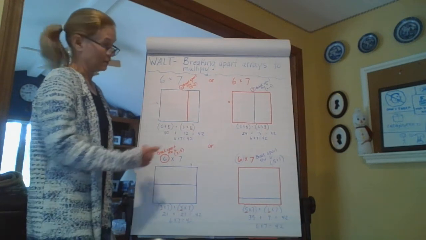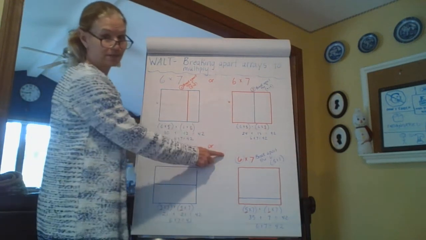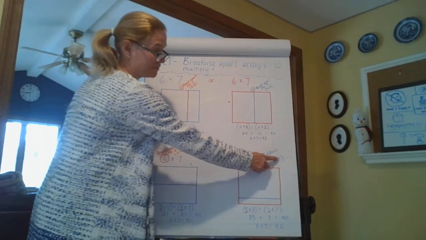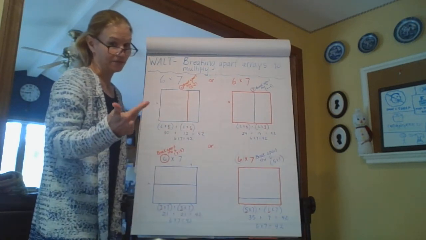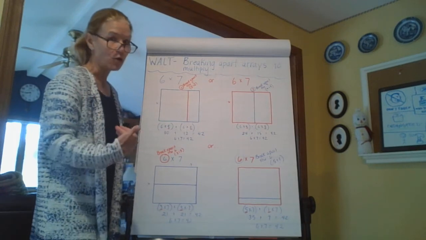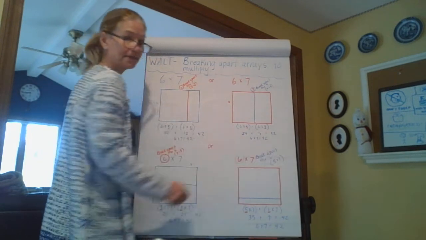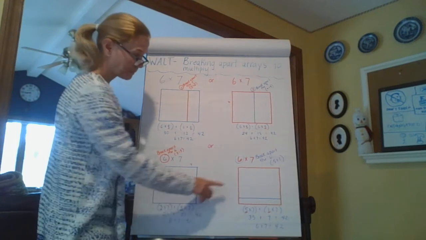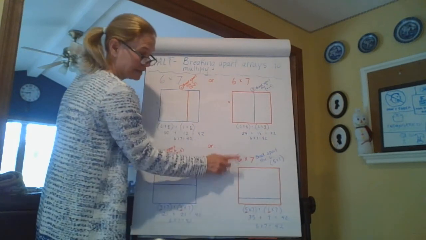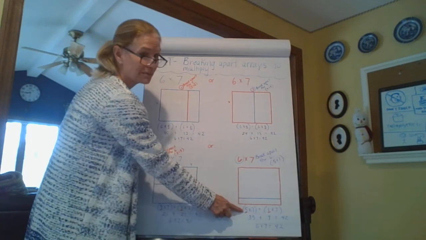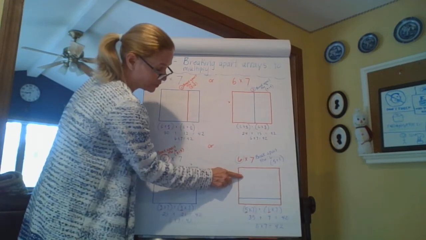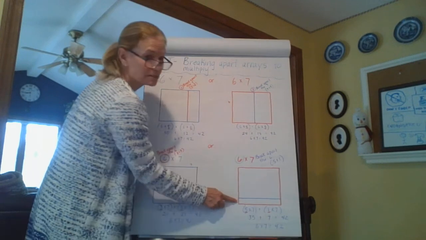In my head, I would be thinking of breaking the 6 apart to my 5 plus 1, because I can really easily skip count 5, 10, 15, 20, 25, 30. So I know my 5 facts, and I know anything times 1 is itself. So here, same array, 6 rows, 7 in each. But this time I'm breaking it apart. So I do 1, 2, 3, 4, 5 rows and split it.